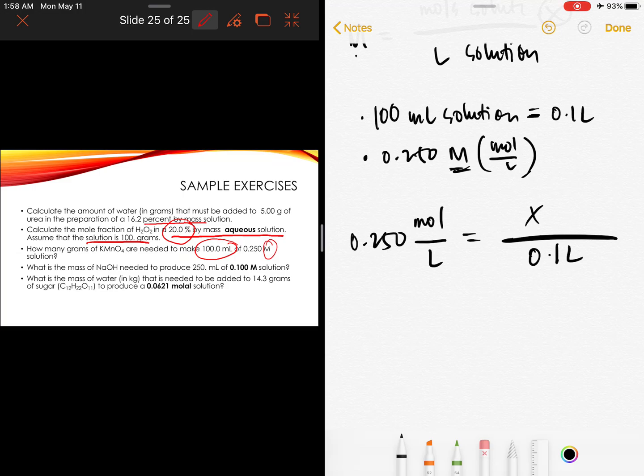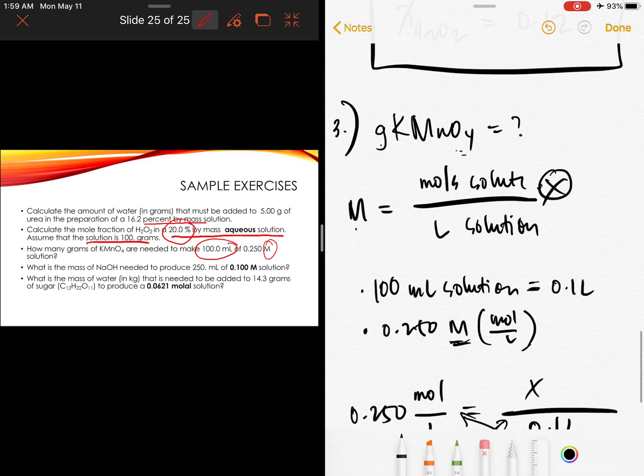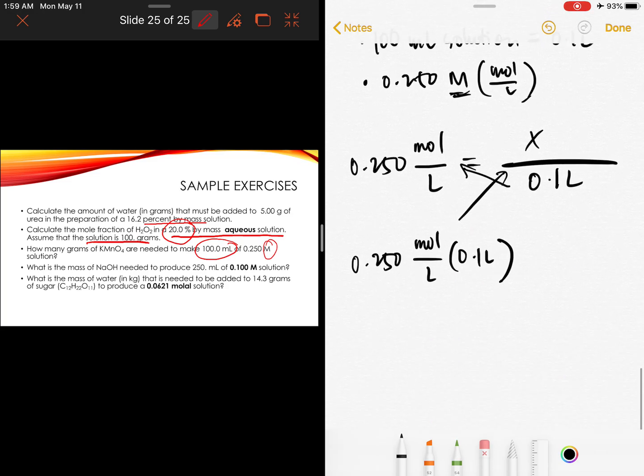So how are you going to isolate this X? What you can do is cross multiply. If you cross multiply this one, this becomes 0.250 mole per liter multiplied by the 0.1 liter. So what happens here, it's equal to X. There you go.